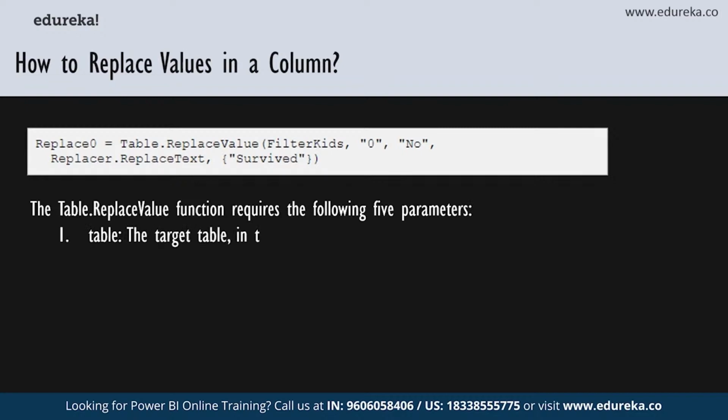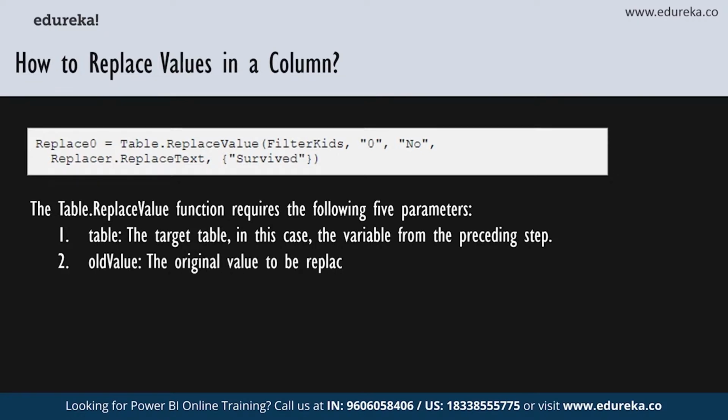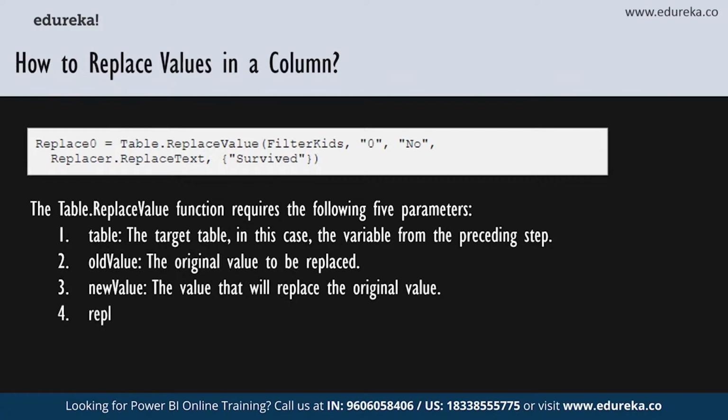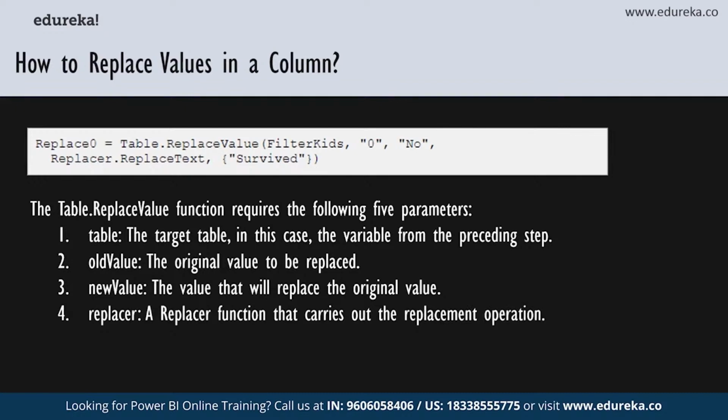The table replace value function requires 5 parameters in total. First, you have the table, which is the target table, in this case, the variable from the preceding step. Second, you have the old value, or the original value, which has to be replaced. Then you have the new value, which you will replace the old value with. Then you have a replacer that carries out the replacement operations.